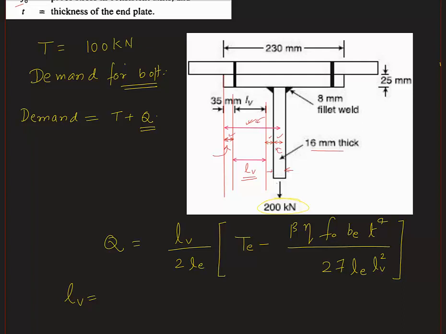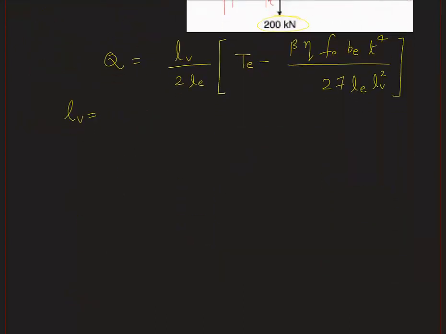So half of that will be 8 mm. And this dimension is also given, the size of the fillet weld is 8 mm. This means this is 8 mm and this is also 8 mm. So we can write L_v is equal to 230 divided by 2 minus 16 by 2 minus 8 minus 35. So this will be 64 mm.